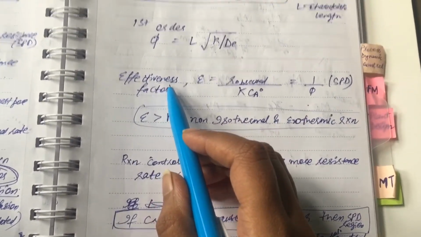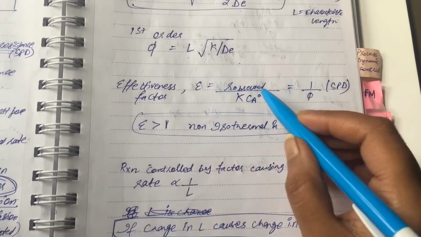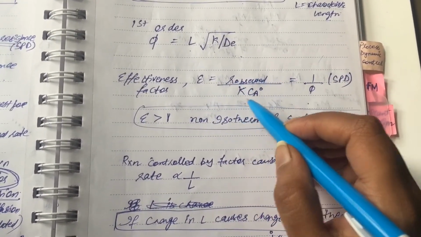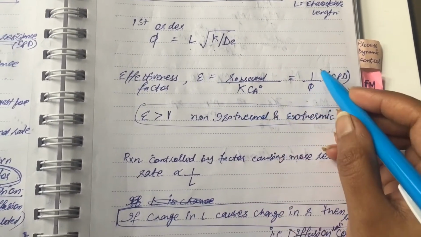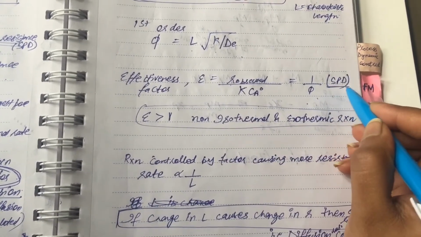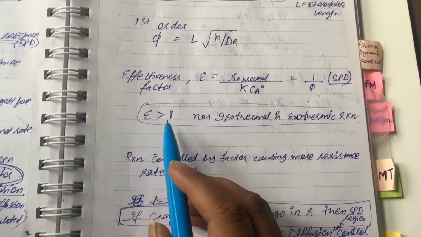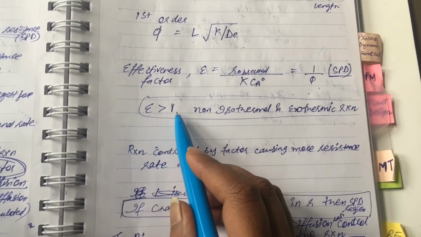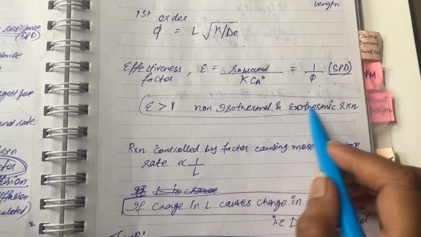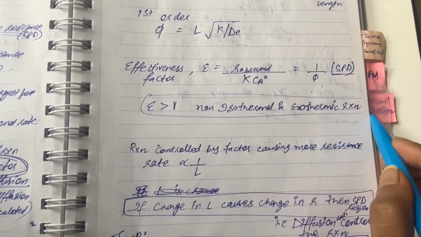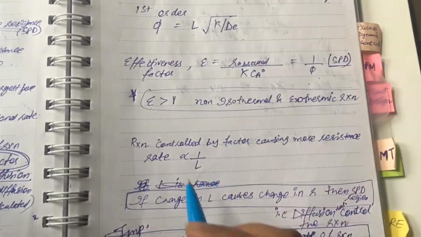Effectiveness factor can also be written as rate observed upon kCA naught, which is equal to 1 by phi for strong pore diffusion. Effectiveness factor is greater than 1 for non-isothermal and exothermic reactions. This is a point to remember.